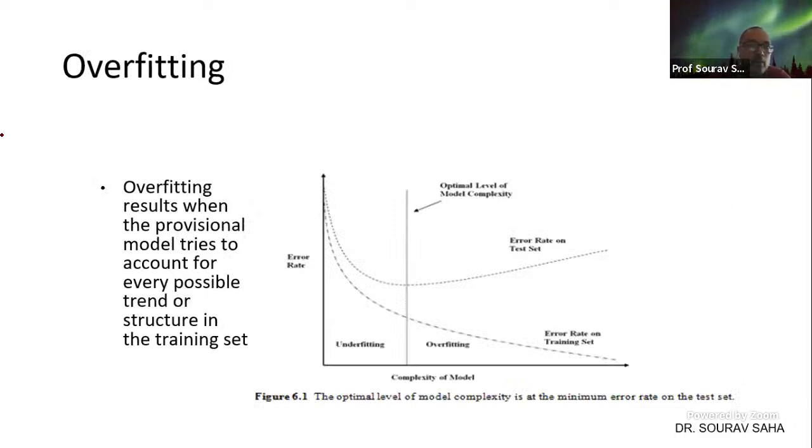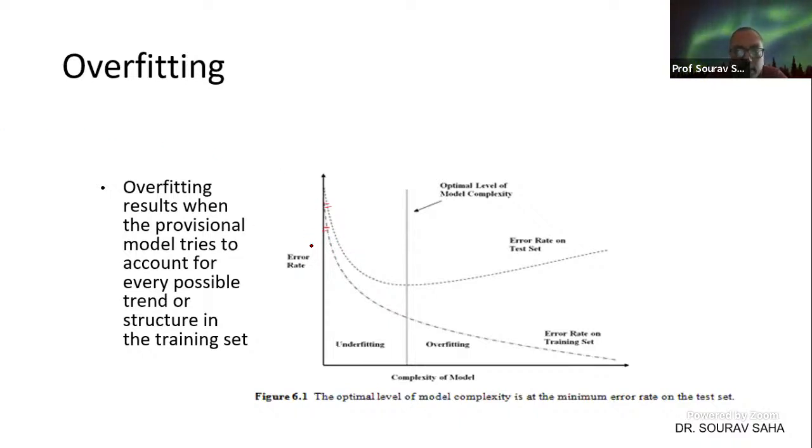Let's come to the notion of overfitting. So initially, in this particular part, the error is very high. You see the error is high consistently on the training as well as on the testing or validation data. So it's an underfit model, right?